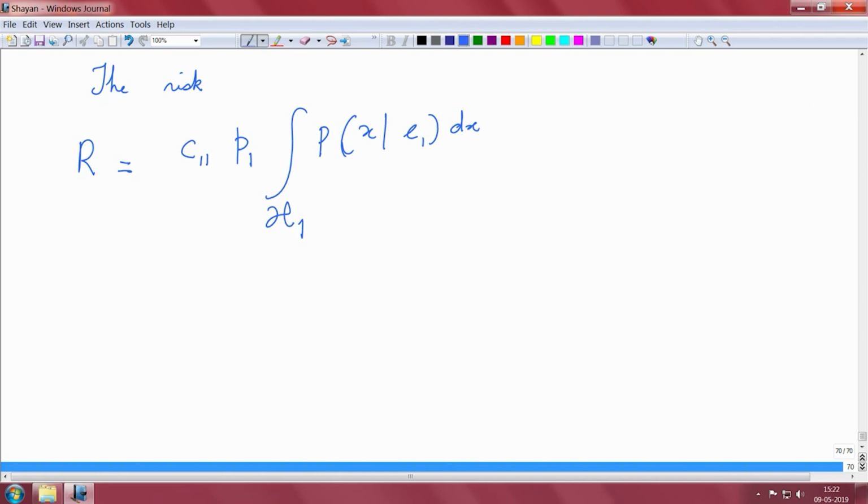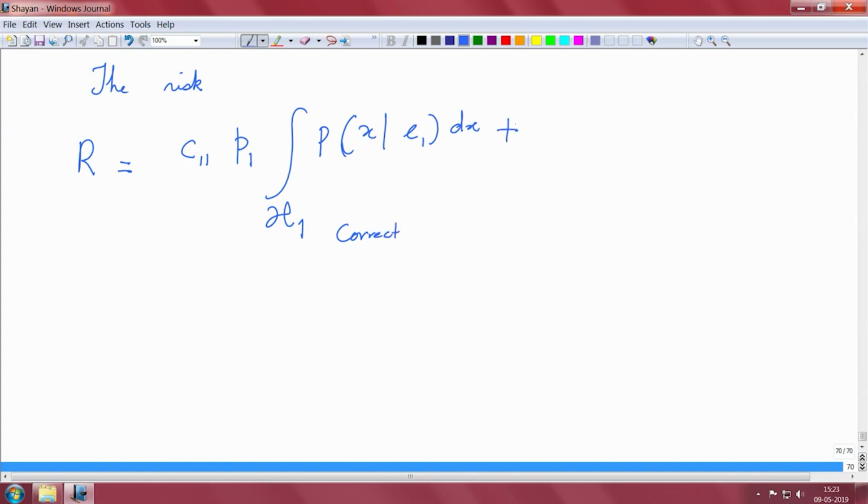I assume that it is class 1 and I decide the label as class 1, and the a priori is P1. The a priori is associated with the true class. The true class is 1 and what I am labeling is 1. So, this is correct.